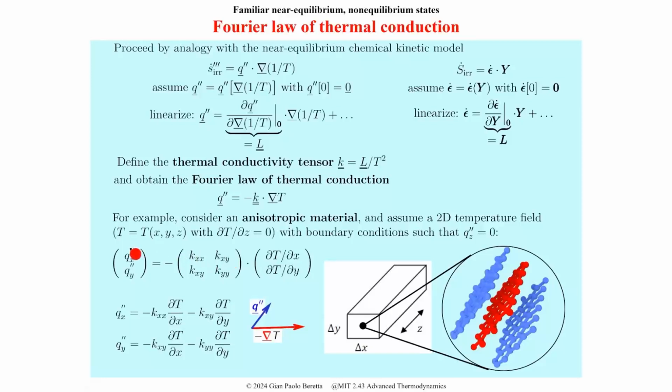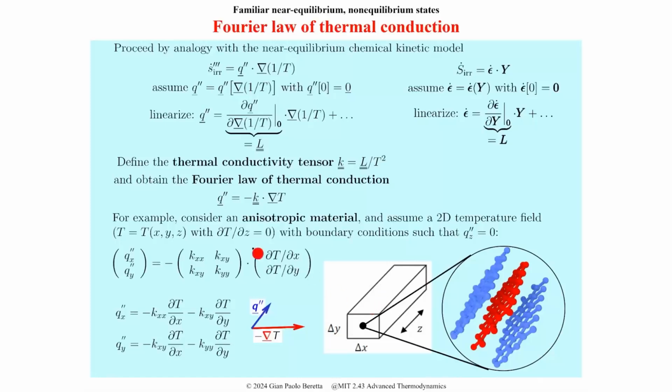For example, suppose you have a two-dimensional problem in which you have a two-dimensional anisotropic material. Two-dimensional means that nothing changes with the z direction, neither the temperature nor the heat flux nor the boundary conditions.